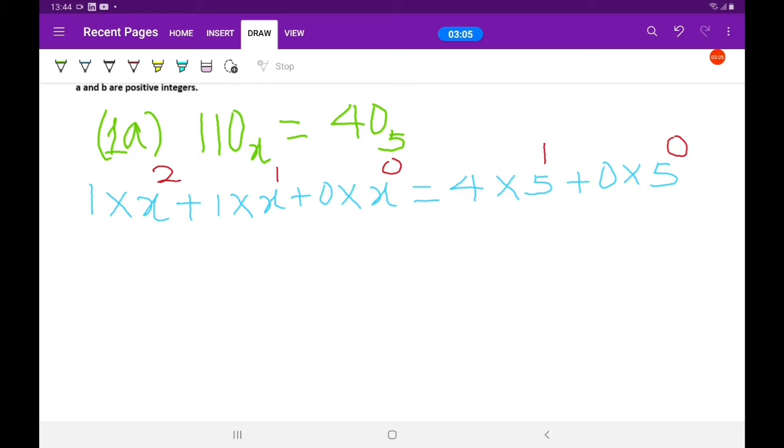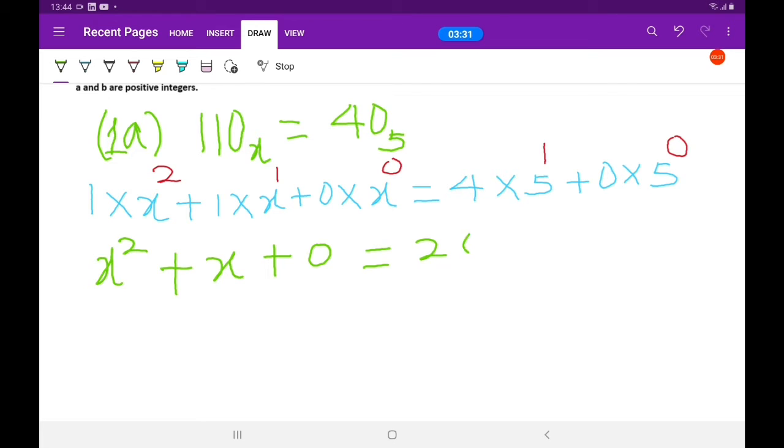Good. Now the first one will give us x squared times 1. That will be x squared, plus x raised to power 1 is x, times 1. That will also give us x. Remember, anything raised to power 0 is 1. 1 times 0 gives us 0. Good. We have 5 raised to power 1, that is 5, times 4.